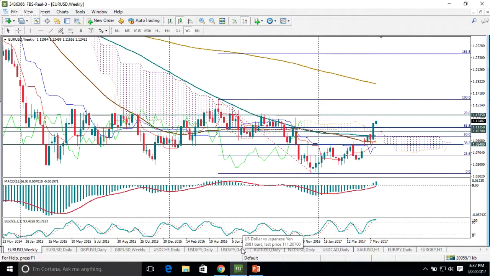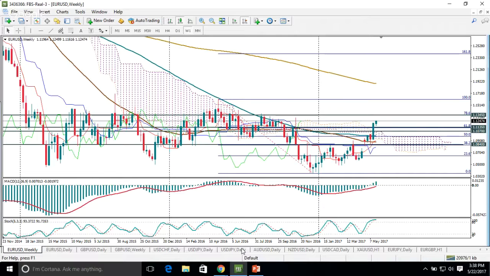But we know that Mario Draghi is usually rather cautious, and the ECB is not a great fan of high euro, not a great fan of expensive euro. So he may try to somehow cool the market and provoke some negative reaction in the euro. But I don't think that he will say something that will be of importance in the medium term.